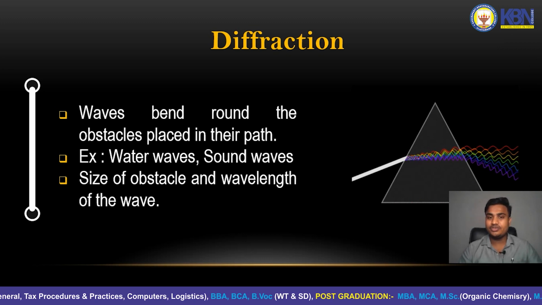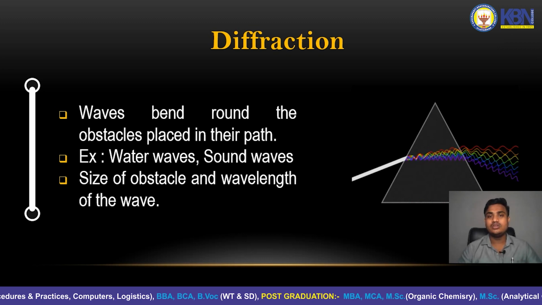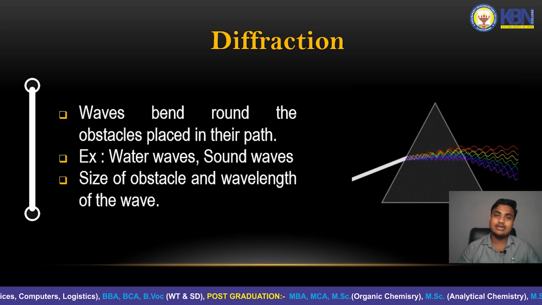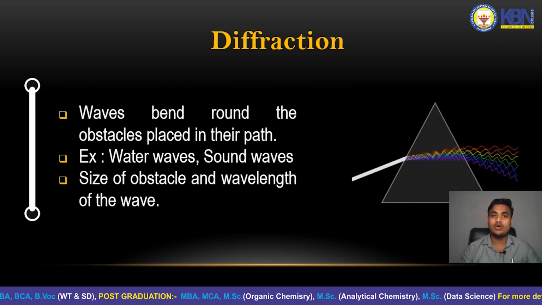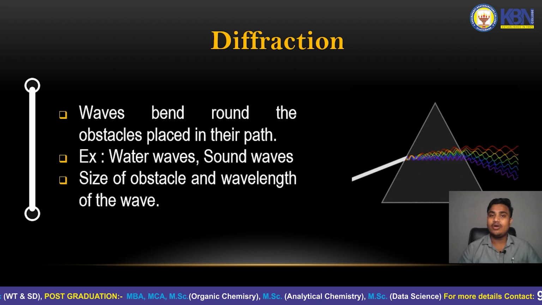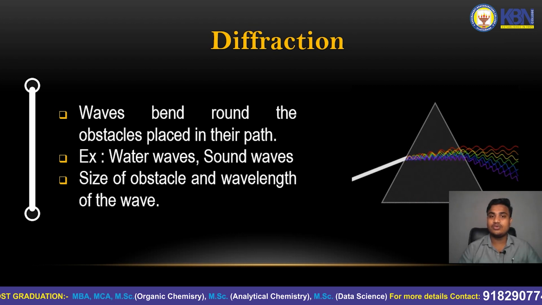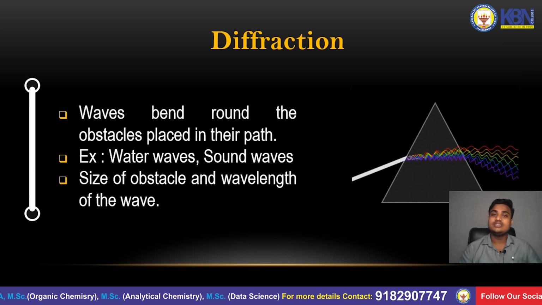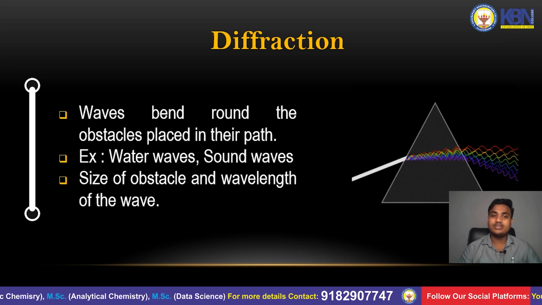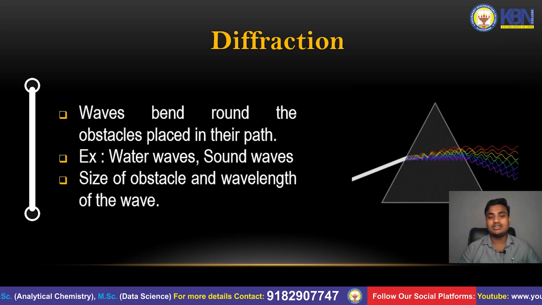For example, if you take water waves or sound waves, let us take the example of a water wave which is coming from a small outlet or a small hole. It will spread out in all directions, as if it originated from that hole. This is an example of waves bending around an obstacle.